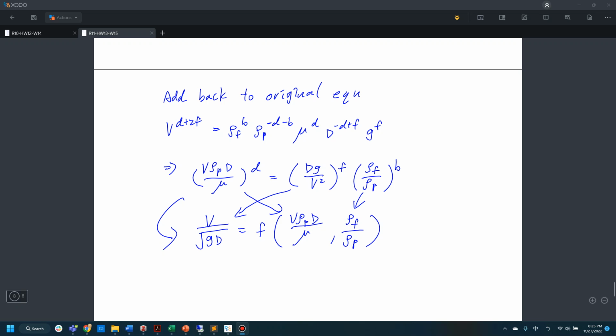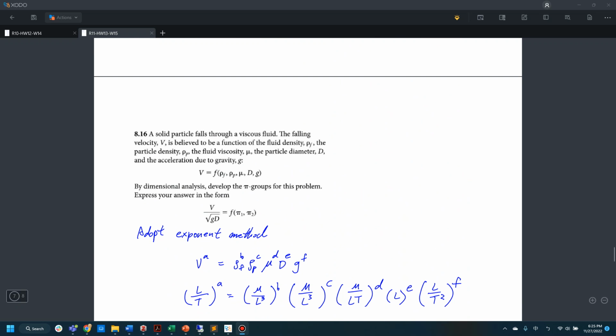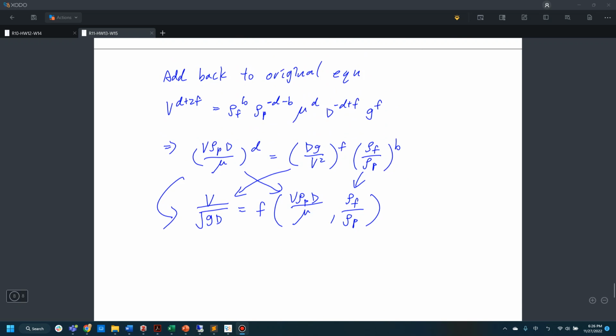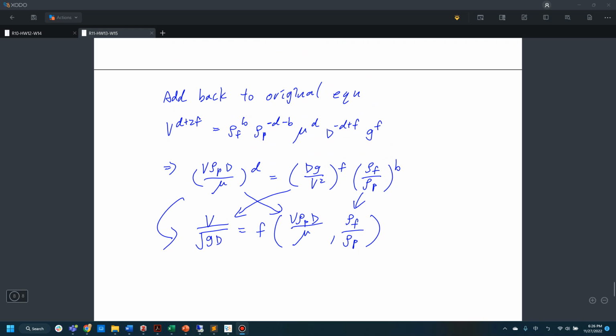Okay, so now we know this is the pi group that we have: pi 1, pi 2, pi 3. Then, because we are asked to express in this form, that's V divided by the square root of gD equal to a function of pi 1, pi 2, we can use this term to represent the left-hand side of what we've been asked by the problem.